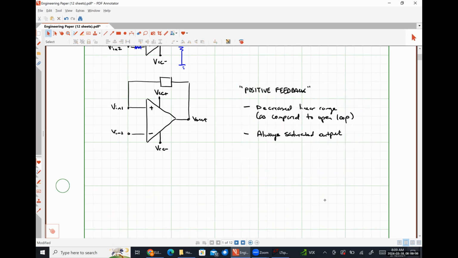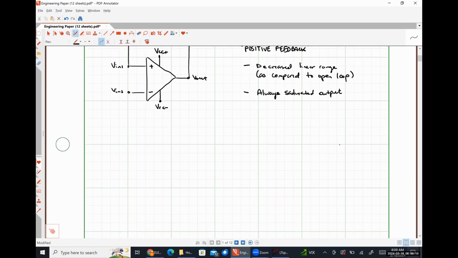Move this up a smidge. And then the last type of configuration that we are going to talk about is a negative feedback amplifier. And the negative feedback amplifier is the type that we talked about explicitly in Circuits 1.